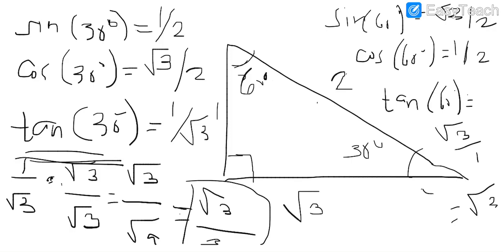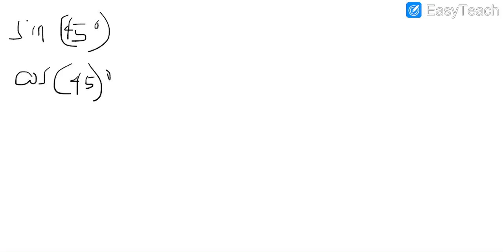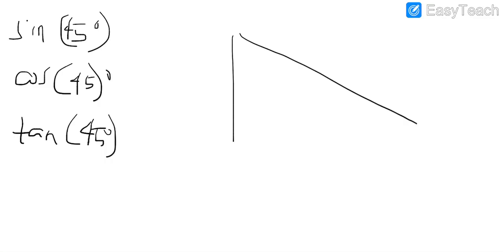Okay? Now let's get the sine of 45 degrees, the cosine of 45 degrees, and the tangent of 45 degrees. Now for the 45 degrees, refer to this illustration here.